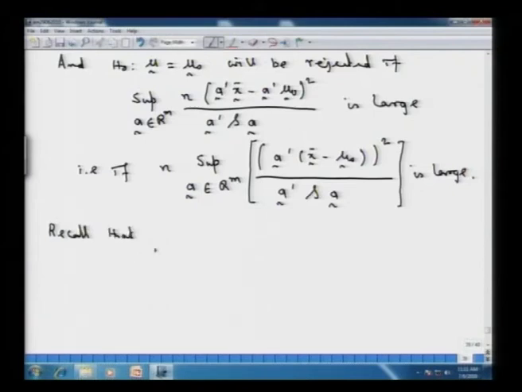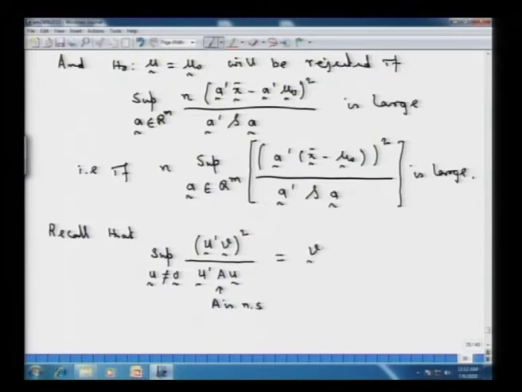Recall that the supremum over u not equal to 0 (of course, we also take A not equal to 0, because A equal to 0 does not mean anything, since we are going to test the null hypothesis that 0 equals 0, which makes no sense) over all non-null vectors of u prime v, whole square, divided by u prime A u, where A is non-singular, is going to be given by v prime A inverse v.